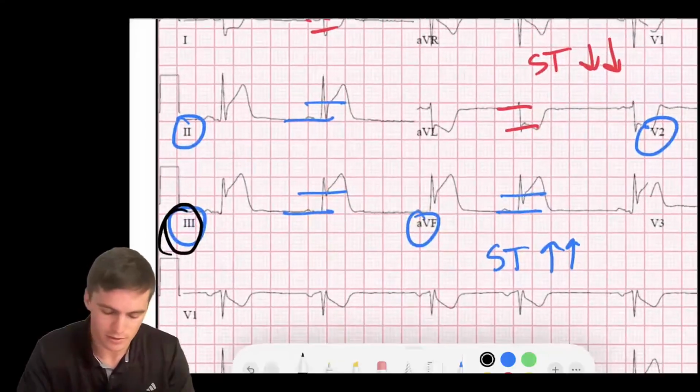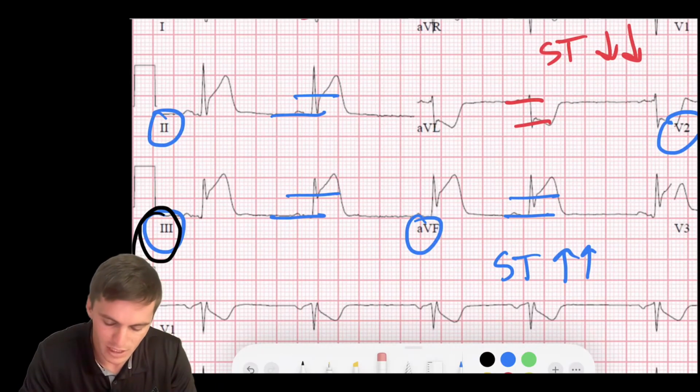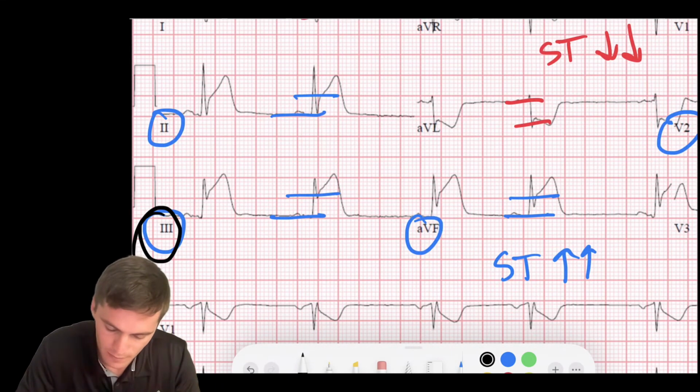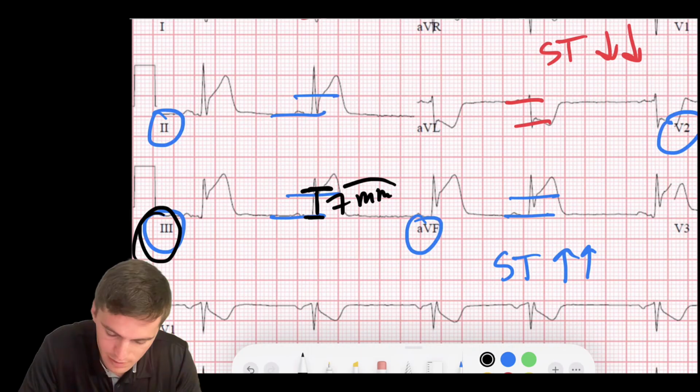So let's take a look at this. Let's zoom in on leads 2, 3, and AVF, and let's measure. So here we've got ST segment elevation. We'll probably measure it from there, here. So let's say, I would call that 7 millimeters of ST elevation in lead 3.